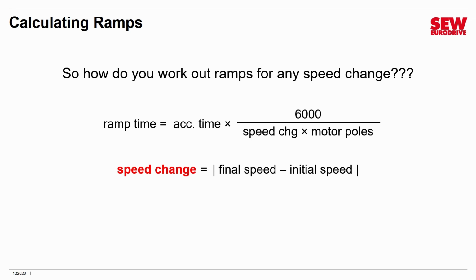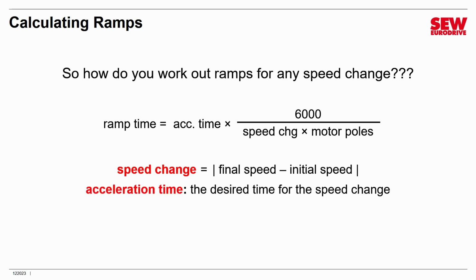So to calculate the speed change, work out the speed you're going to start at, work out the speed you're going to wind up at, take the difference between them, take the absolute value so there's no negative sign, and that's the speed change. You can then plug that into the equation along with the motor poles and the acceleration time, and that will tell you what to plug into the parameter.